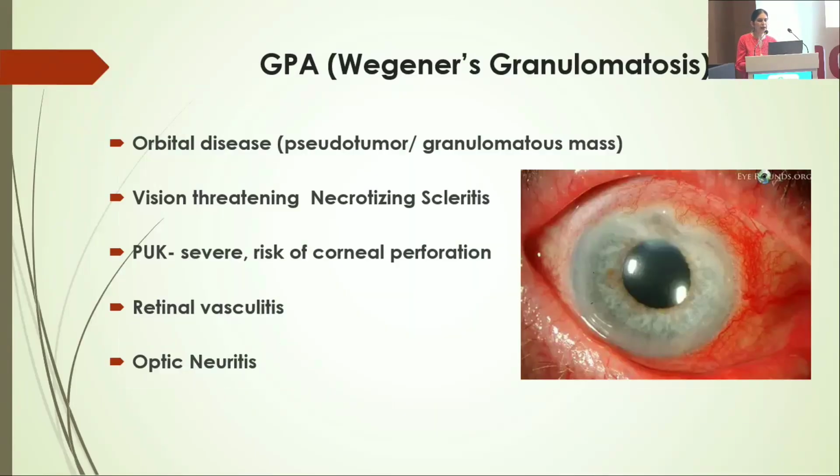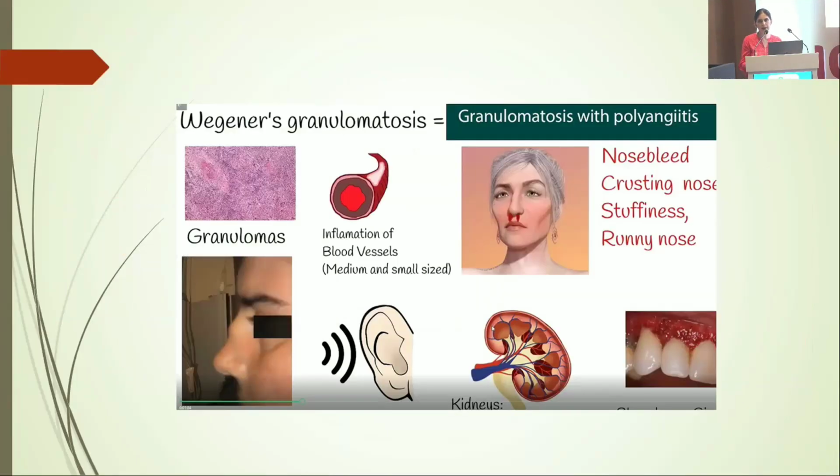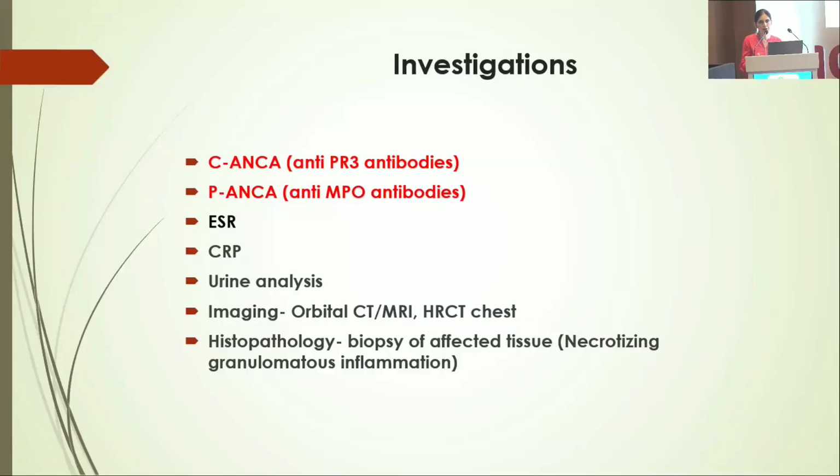Lastly, GPA presents as orbital disease, scleritis, PUKs, retinal vasculitis. Suspect such a case if you find a saddle nose deformity, hearing loss, kidney involvement and upper airway involvement. Order C-ANCA and P-ANCA apart from the routine blood tests. Histopathology will show necrotizing granulomatous inflammation.